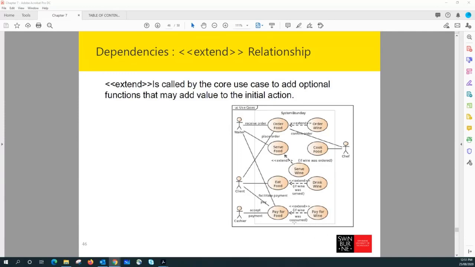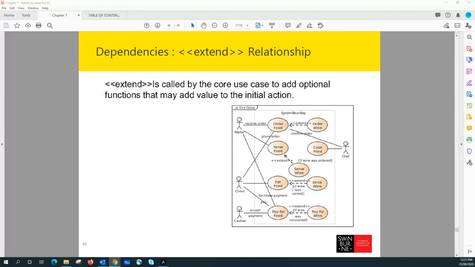And then of course, when you place the extend or include relationship, mostly the extend relationship, you can put conditions. For example, we include the drink wine extended functionality to the eat food use case only if the wine was served, or only if the wine was requested, right?